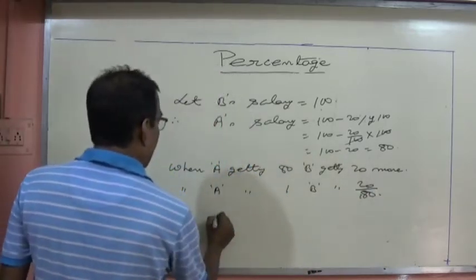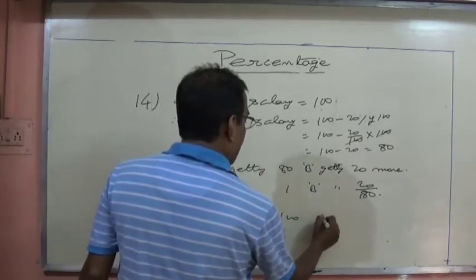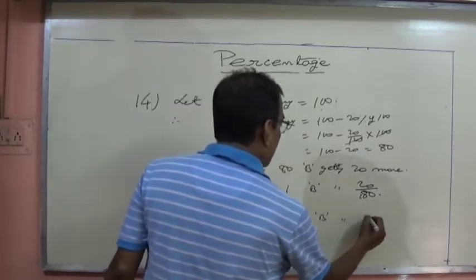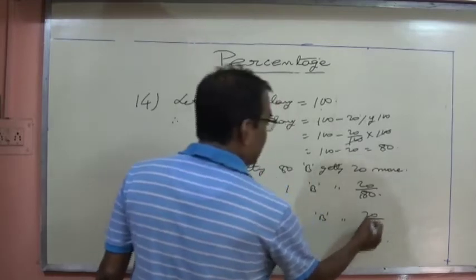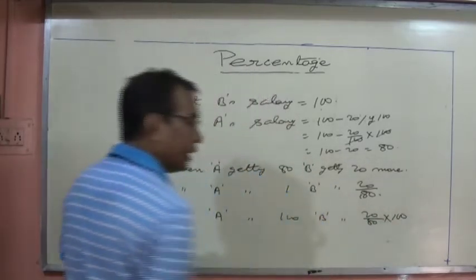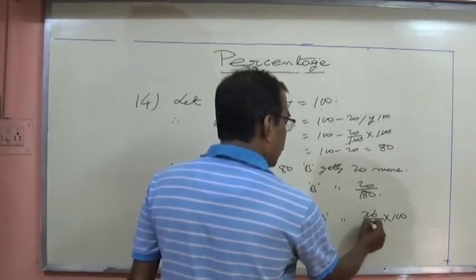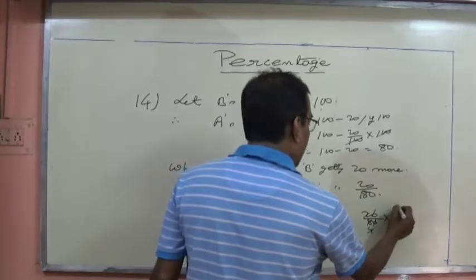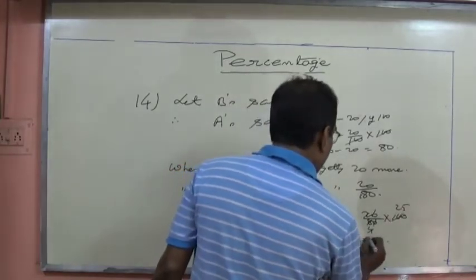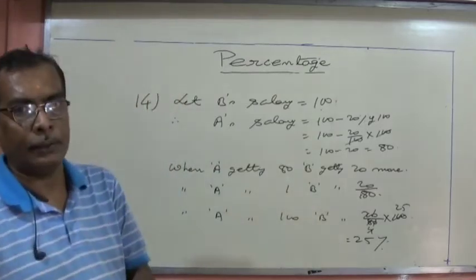When A is getting 100, then B is getting how much more? Here it is division, now it is multiplication. I think it is clear. Now 0 0 supposed to be cancelled, 2 4s are 8, 4 25s are 100. So B is getting 25% more than A's salary.